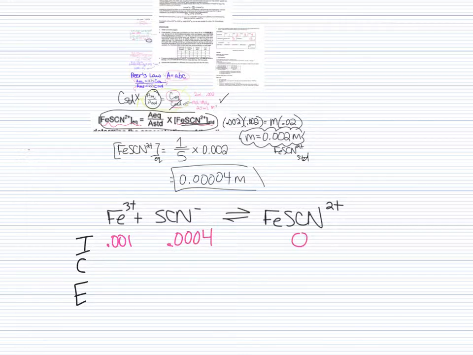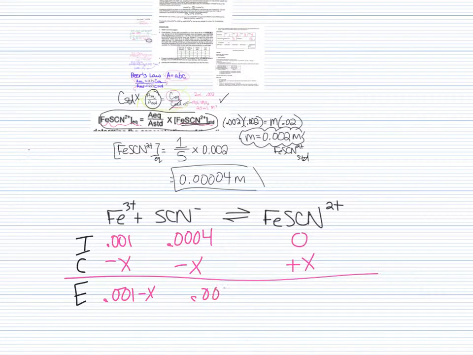That one had nothing. Change was minus x, plus x. So we're going to figure out what this value is, and what this value is. And this one we just found was equal to 0.00004.